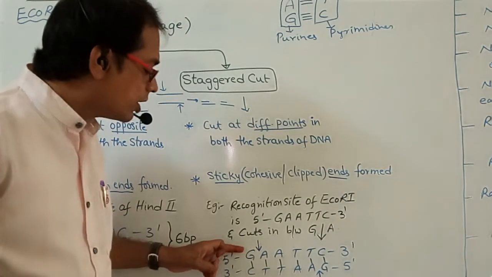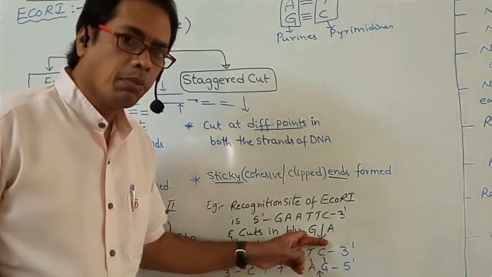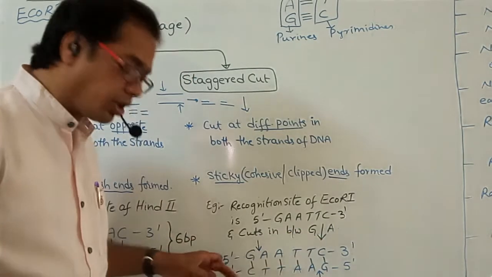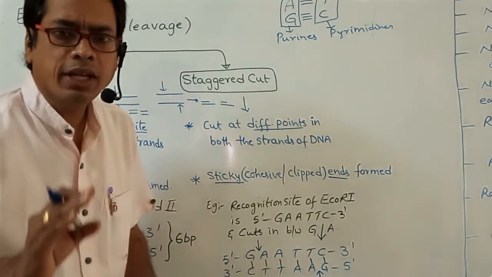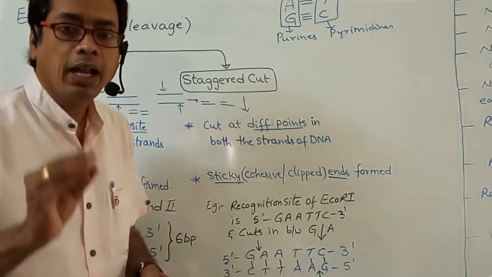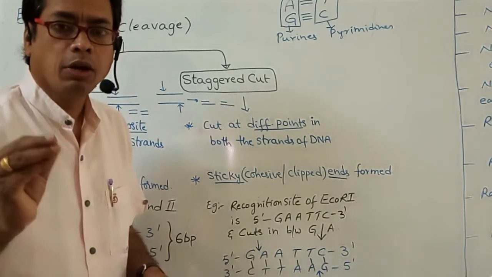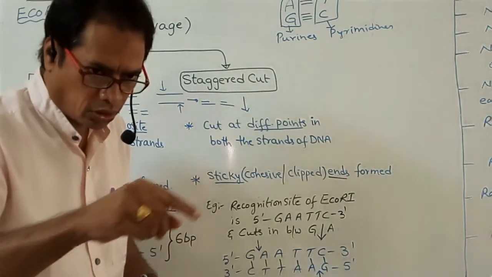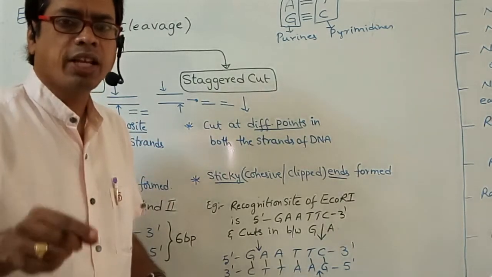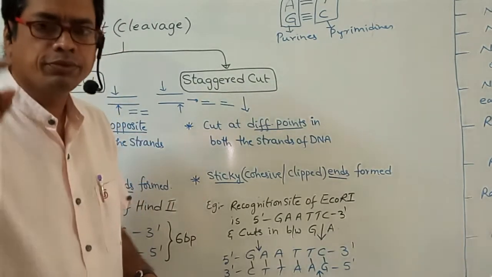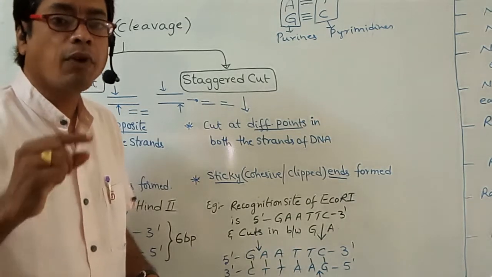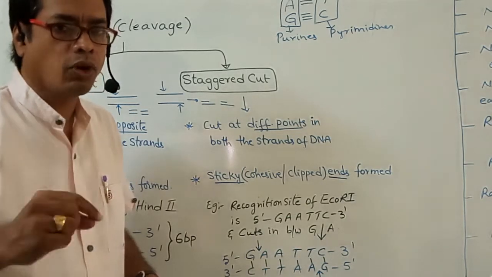Forward direction means GAATTC. Backward direction means GAATTC. So a palindromic sequence is obtained. Both the strands in 5 to 3, true. Both the strands in 3 to 5, true. One strand in forward, other strand in backward, true.